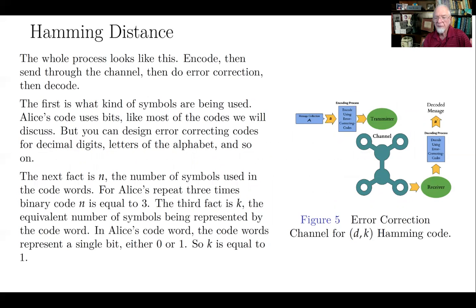The result of the receiver goes through the decoding process, and you get a decoded message, A prime, which hopefully is the same as A, little a.